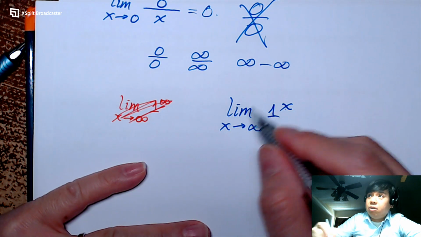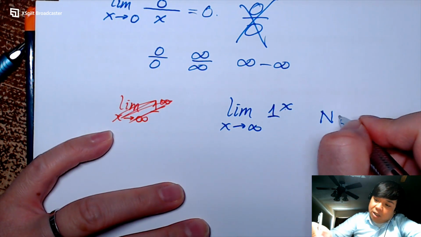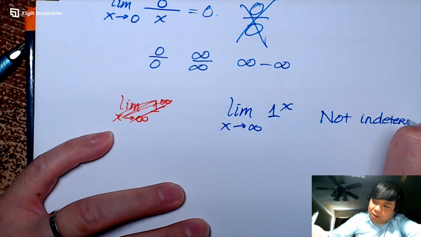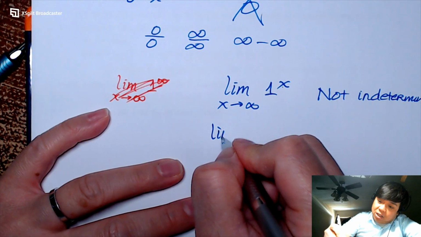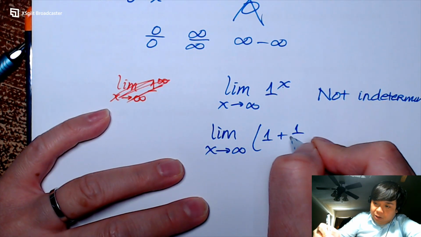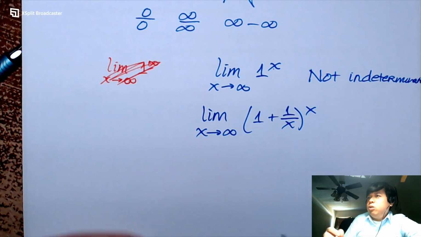So this is not indeterminate. But this one is indeterminate. You say, what's different?